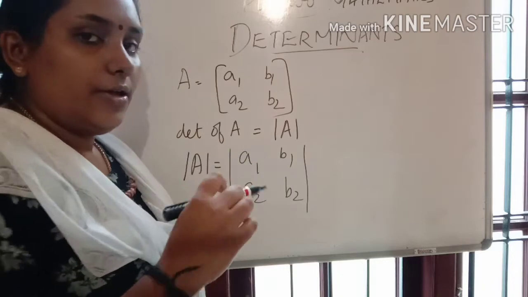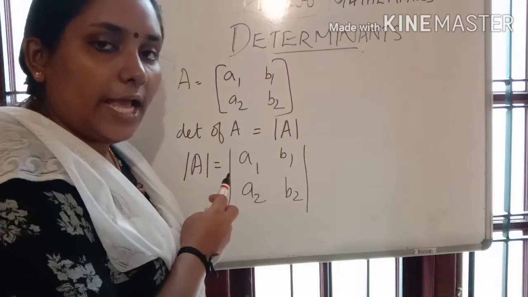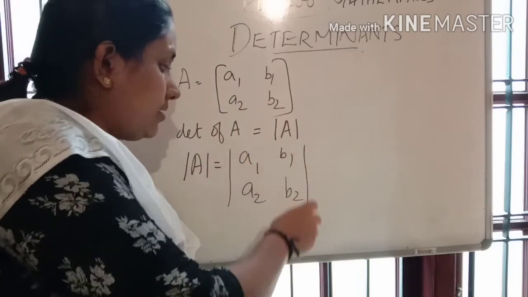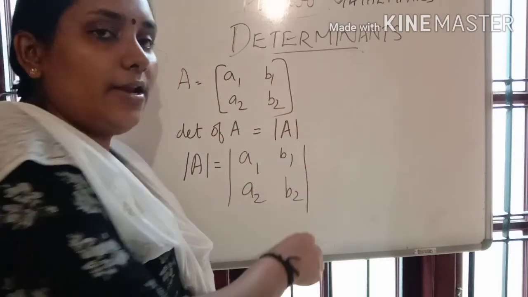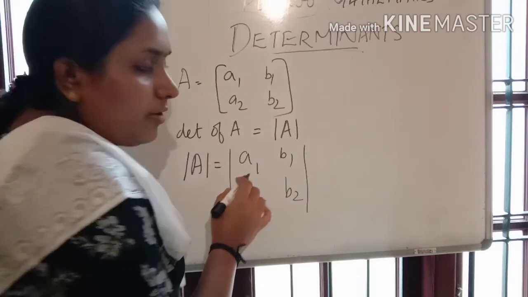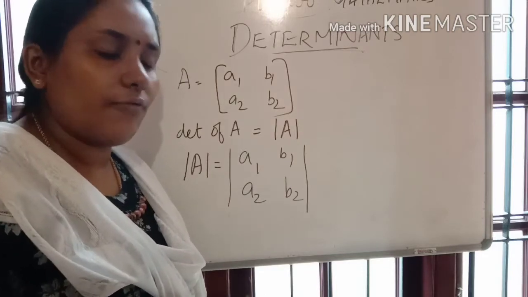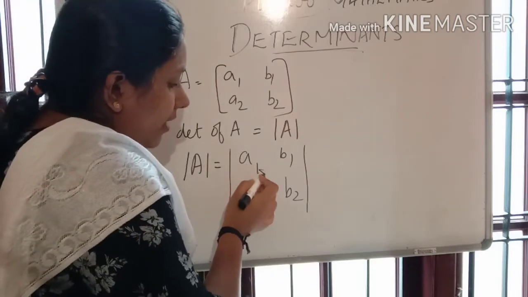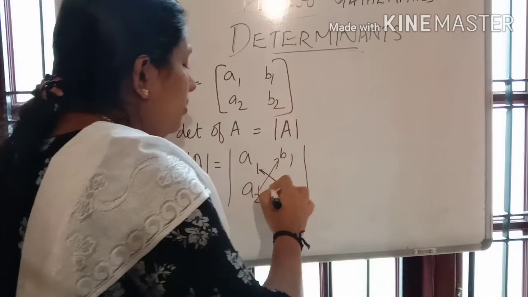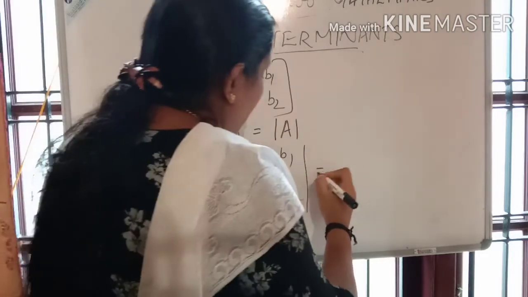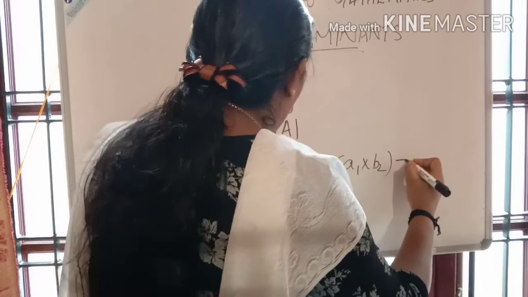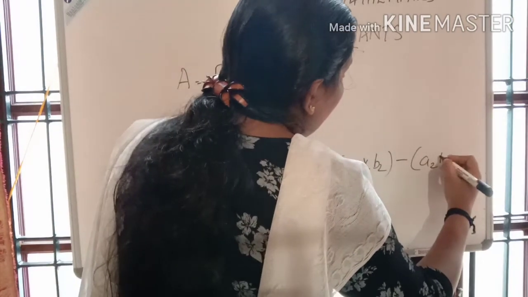Next, how can we find the determinant of A? See, a1 into b2 minus a2 into b1. The determinant of A will be written as a1 into b2 minus a2 into b1.